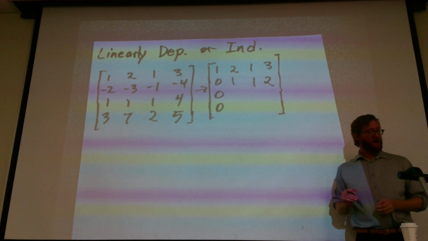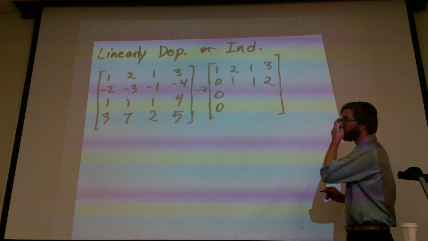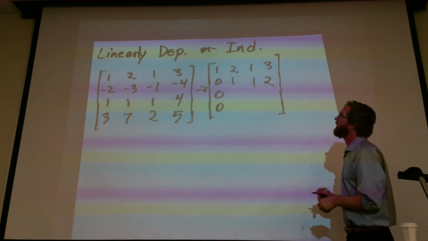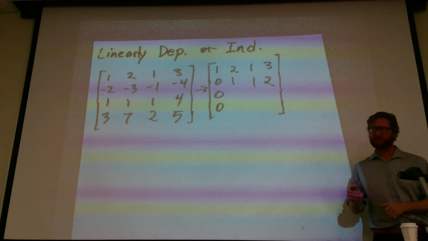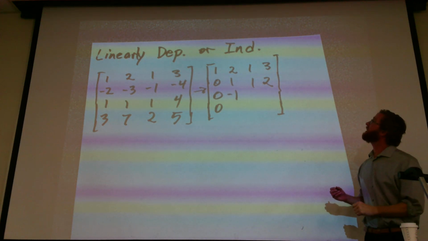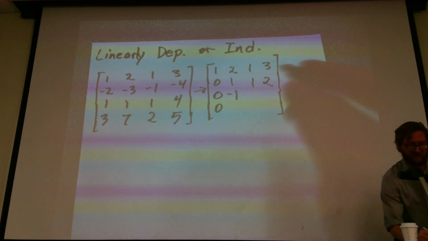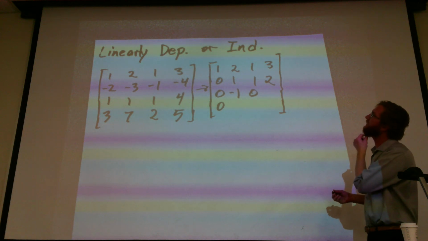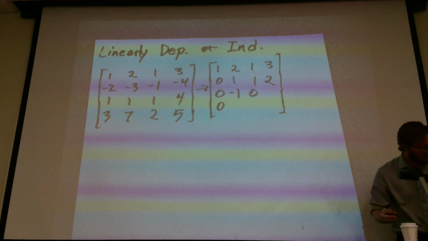Next row, I'm going to multiply by negative 1, and I'm going to add downwards. So that would turn that into a negative 2. Negative 2 and a positive 1 is a negative 1. Negative 1 and the regular one, they cancel each other out. That's going to turn that thing into a 0. And then negative 3 and a 4.